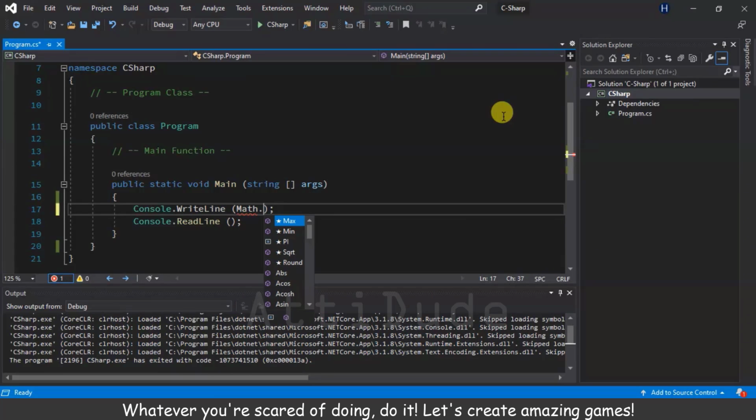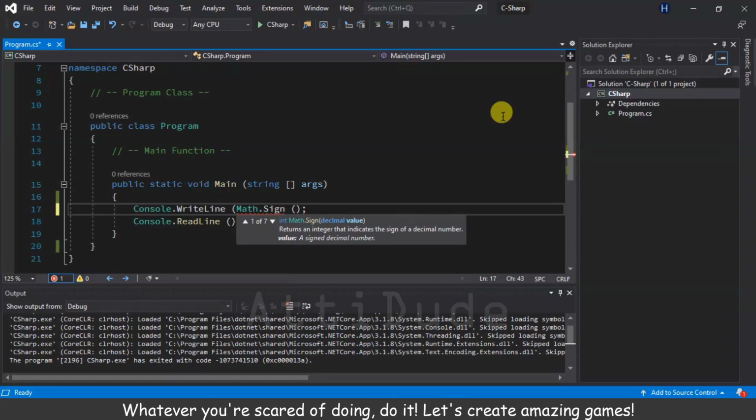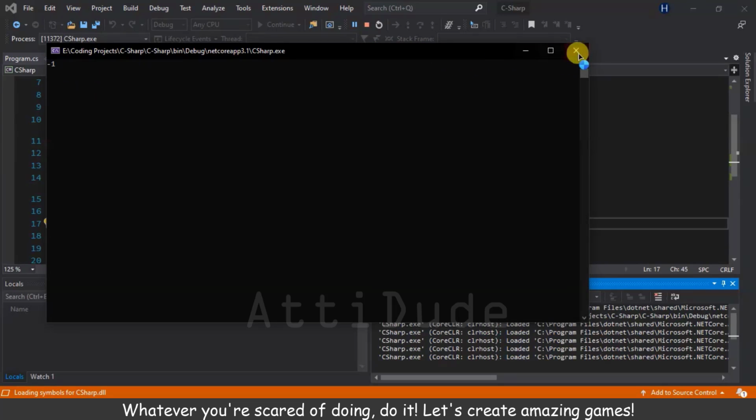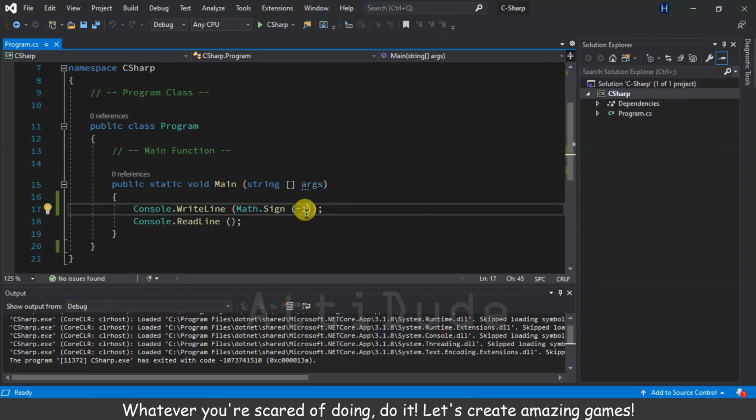One more function that Math provides is Sign. I'm gonna pass in any int value. I'm gonna pass in -1. It will return -1. Let's say -10.